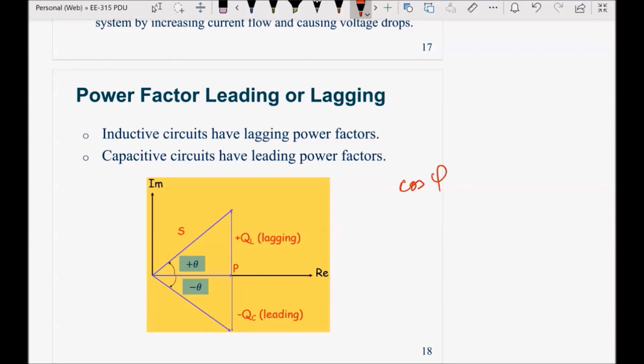And it says that inductive circuits have lagging power factors and capacitive circuits have leading power factors. And since this is a leading power factor, in most applications when we see a phase difference, what we do is try to introduce some capacitive element, and that actually helps to improve the power factor. We are going to study that in later lectures.